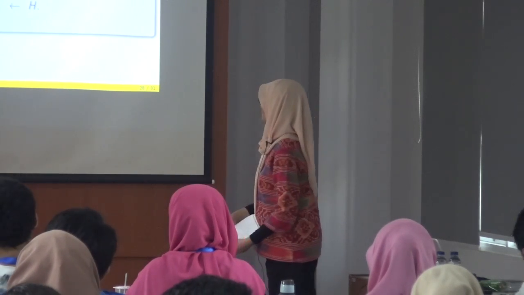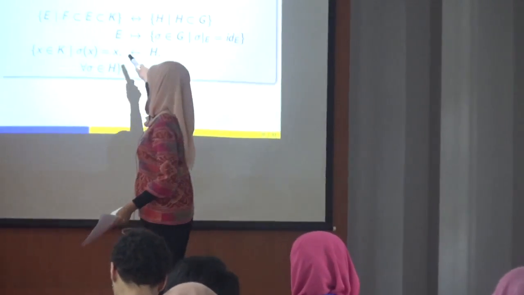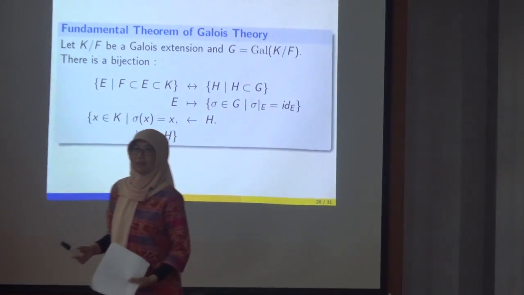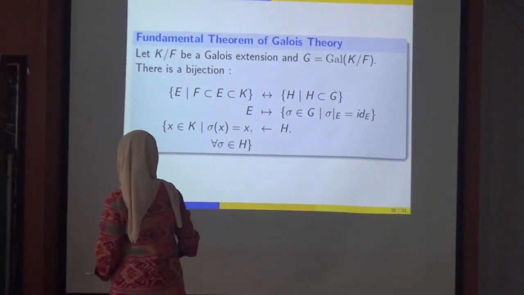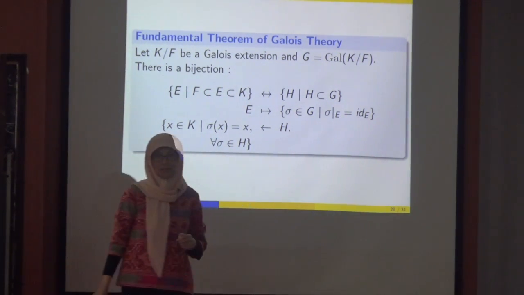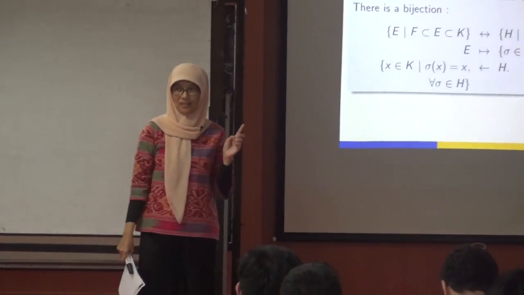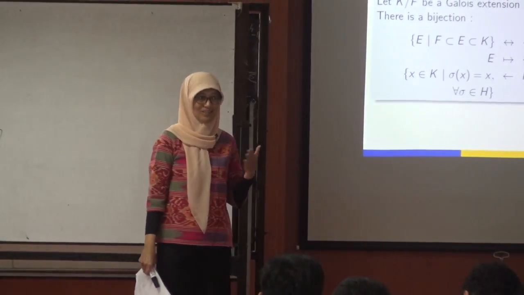And what happens here: we can bring any subfield E which contains F to the set of automorphisms in G which fix this E. Can you understand now?